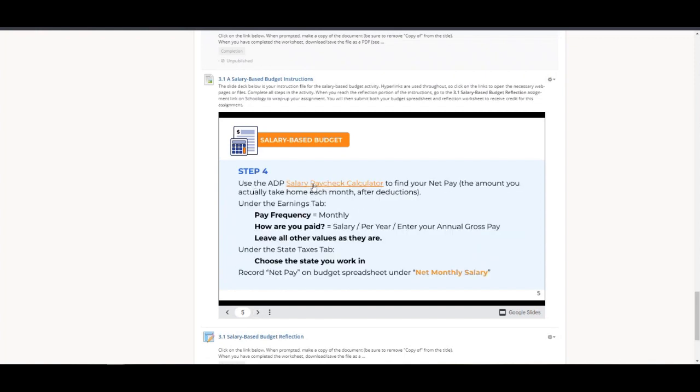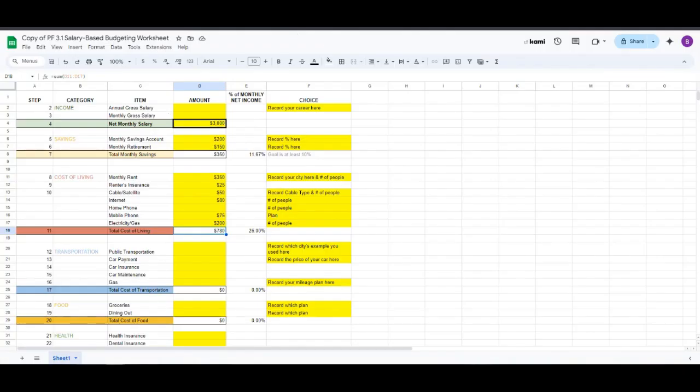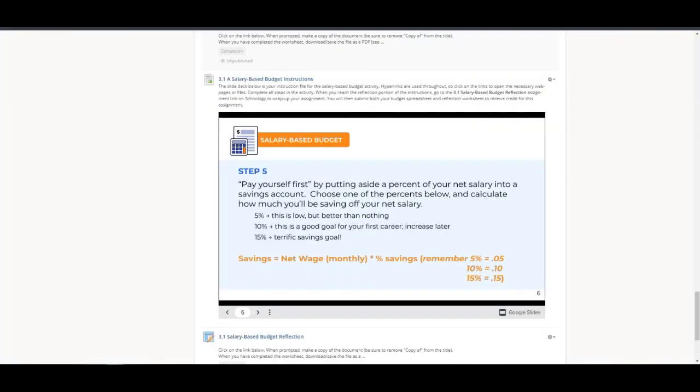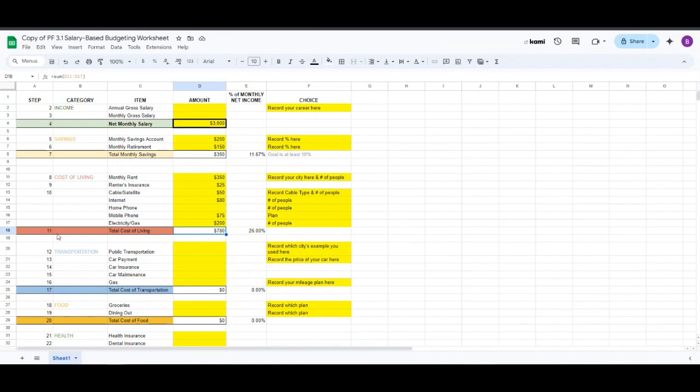But as you go through this, again, a salary paycheck calculator will help you calculate how much will be your gross down to your net and so on. So use these hyperlinks that are within the presentation to help you fill this out, but pay attention to what step you're on each time, because that's going to correspond to what step you're on in the actual budget spreadsheet.